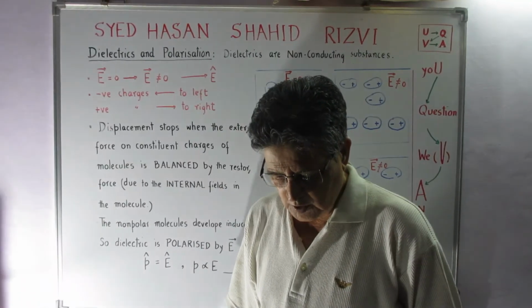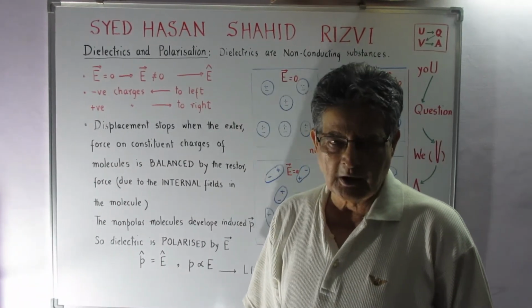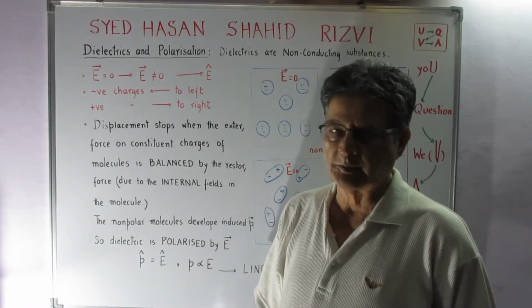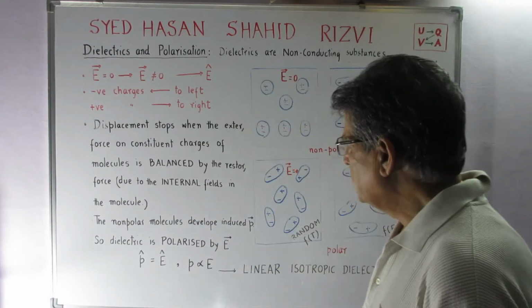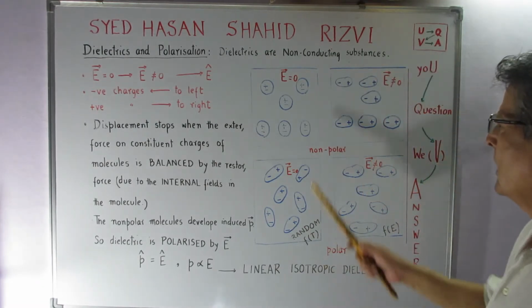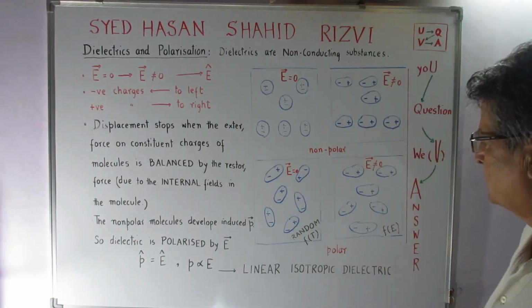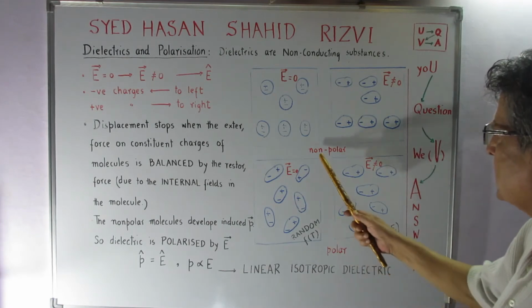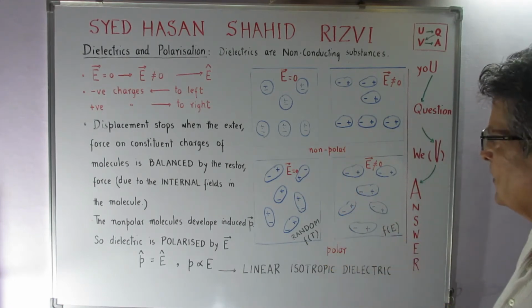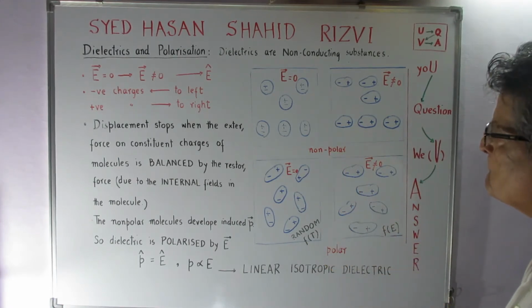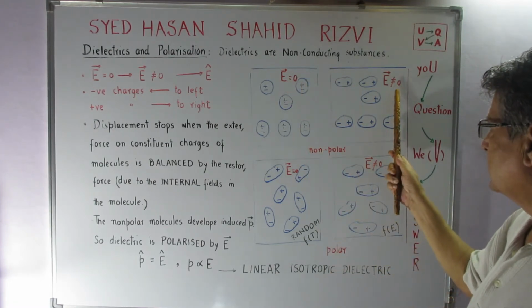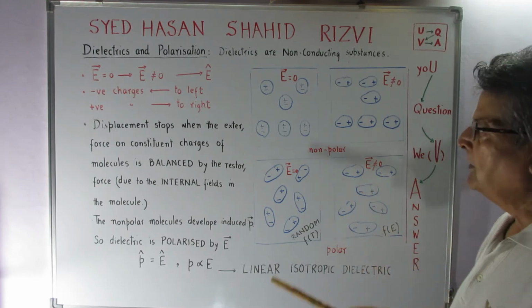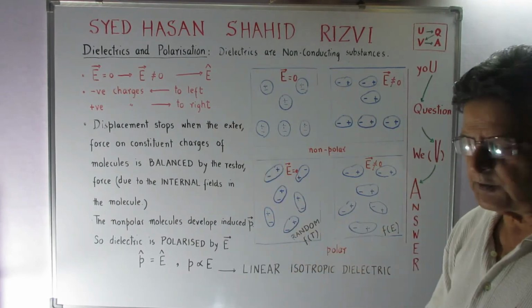So let's see what happens to the non-polar and the polar molecules when they are subjected to an electric field. Taking a page, I have just drawn the case of the non-polar and the case of the polar molecules, without electric field and subjected to an electric field, which is from left to right.